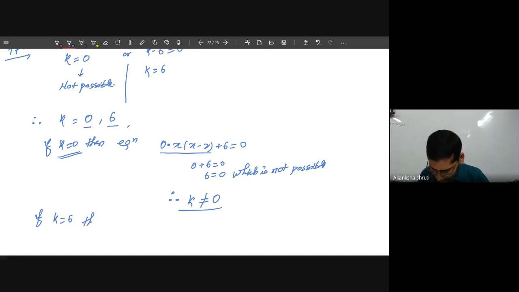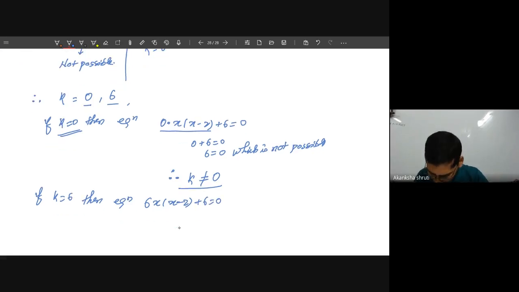If you are taking this one, then how is the equation? It is 6x(x minus 2) plus 6 equals 0. This implies 6x square minus 12x (6 twos are 12) plus 6 equals 0.